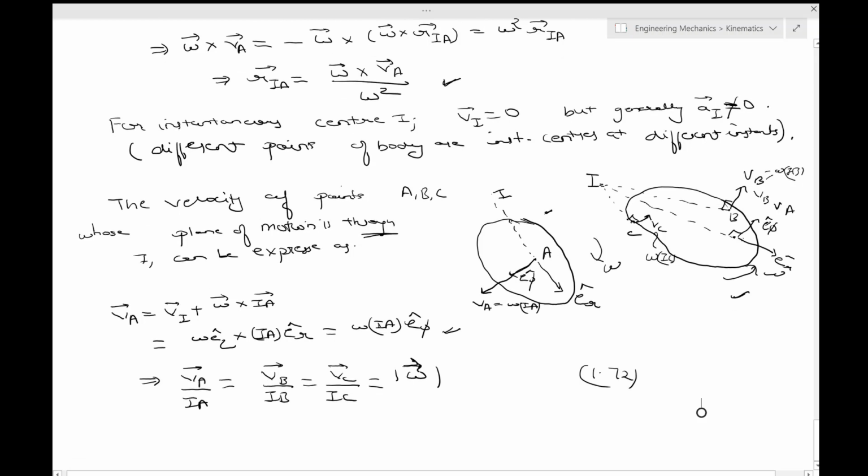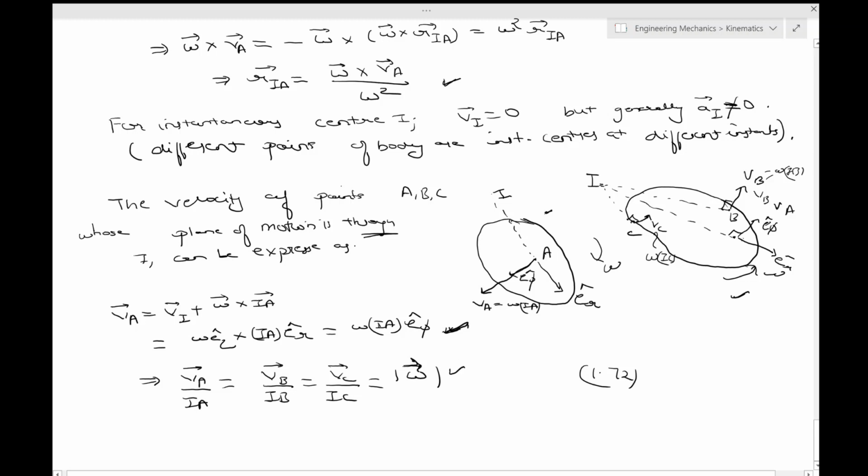So the magnitude of the vector VA of a point A equals the product of its radial distance IA from I and omega. That's something which is seeable from this equation, which has come up from this one.